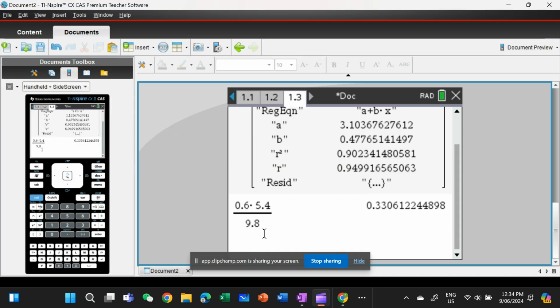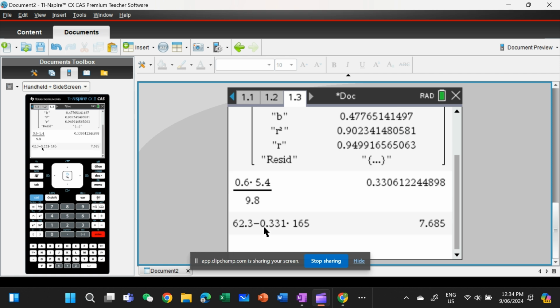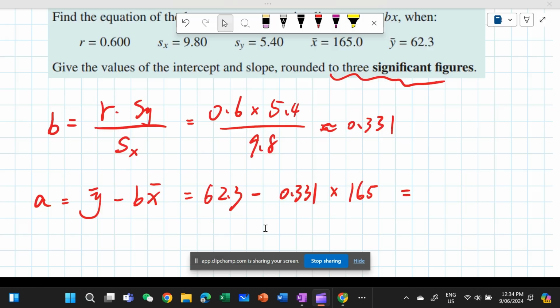So 62.3 minus 0.331 times 165 equals approximately 7.685.